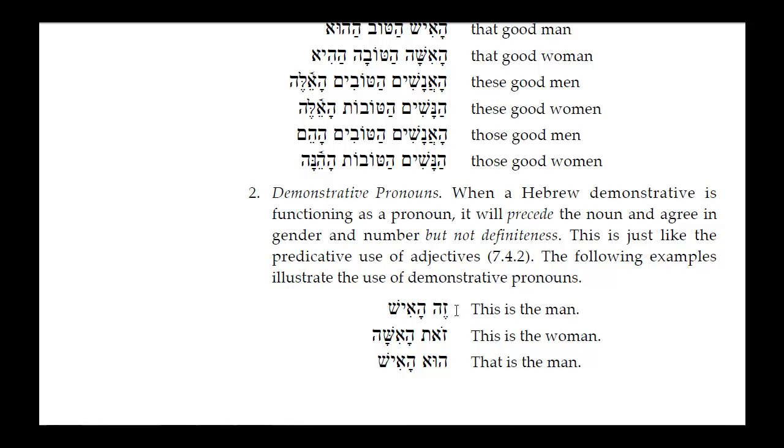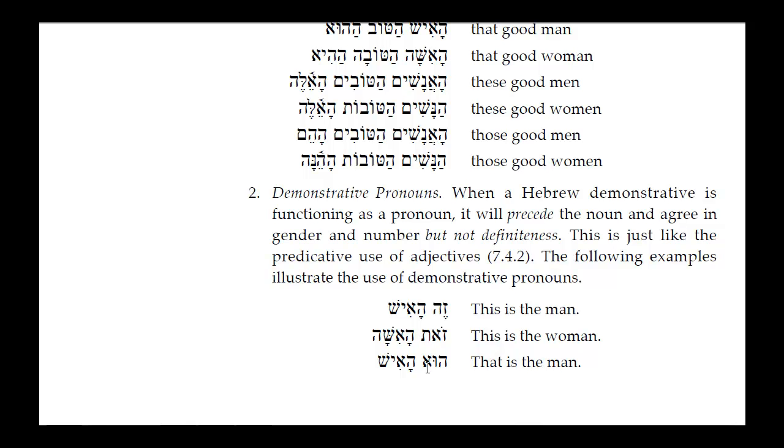Zeh ha-ish, "this is the man." The demonstrative normally comes first, and then the noun comes second. It agrees with ha-ish in gender and number, but not in definiteness. Zot ha-isha, "this is the woman." Zot agrees with ha-isha in gender and number, but not in definiteness.